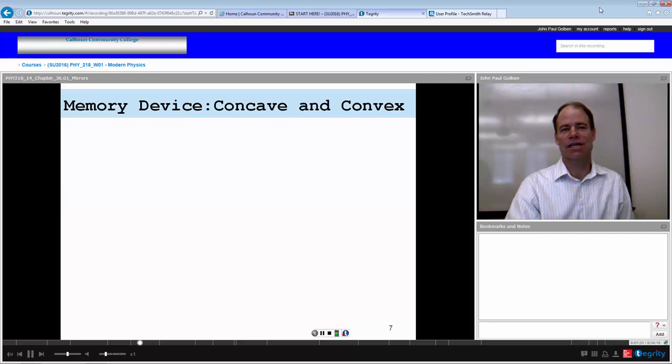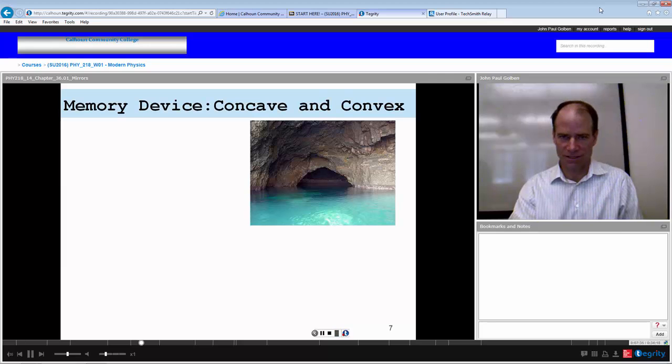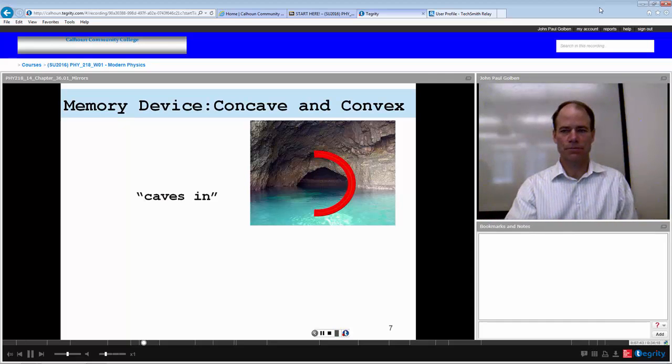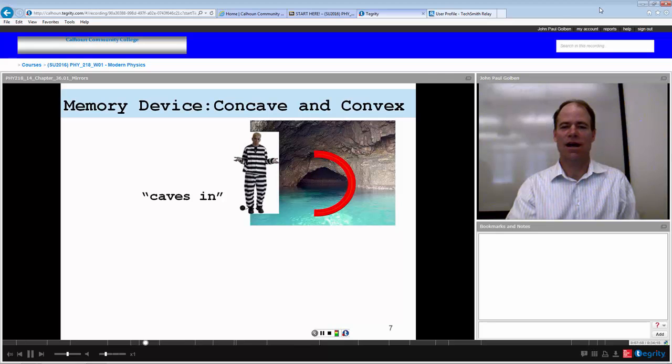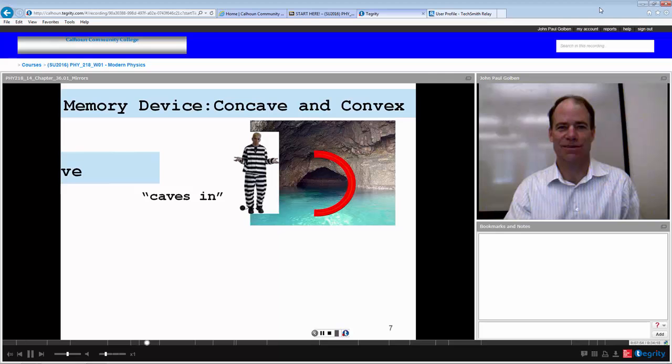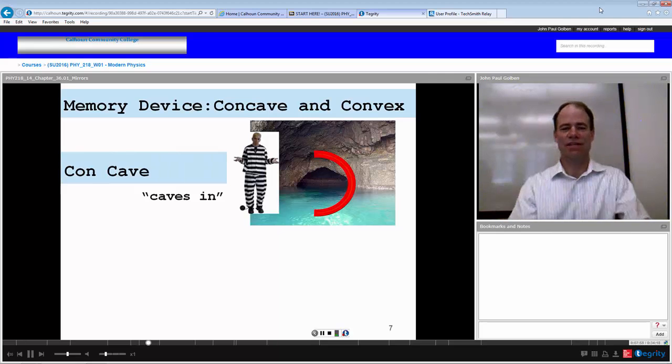Let's say you want to keep this straight. Here's a memory device for concave and convex. Let's say you had a cave, and it has the feature of caving in. So if the mirror caves in, it is concave.